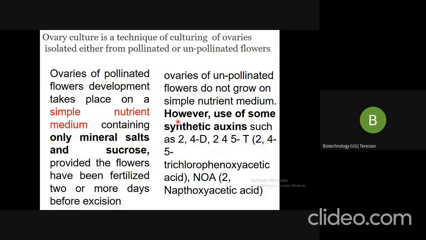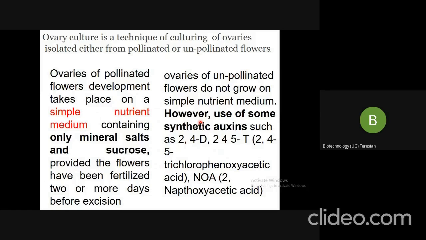But the ovaries of unpollinated flowers do not grow on simple nutrient media. However, use of some synthetic auxins such as your 2,4-D, 2,4,5-T, that is 2,4,5-trichlorophenoxyacetic acid, and 2-naphthoxyacetic acid in the nutrient medium induces the development of ovaries of unpollinated flowers.